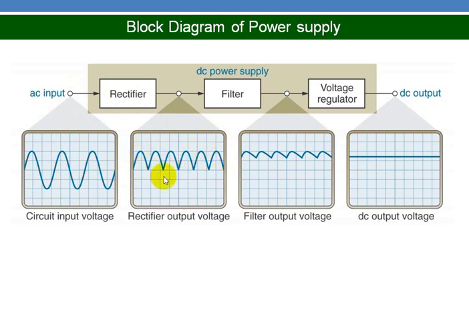You get a voltage of one polarity, but it still has an AC component varying with time. When you pass the signal to the filter, it reduces the AC component present in the output. Further, it is given to the voltage regulator, and we can obtain a constant output voltage. Voltage regulators are used in almost all electronic circuits.